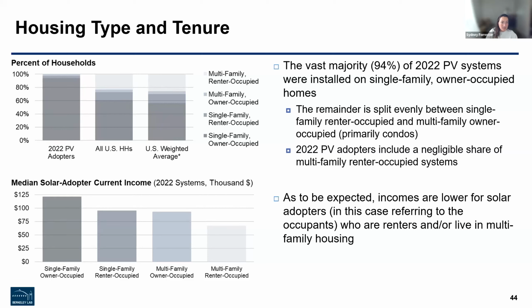And again, somewhat intuitively, you see that single family owner occupied households tend to have higher incomes. Single family renter occupied and multifamily owner occupied households tend to have quite similar incomes. And then multifamily renter occupied is quite a bit lower, although again, that is a very, very small share, less than a percentage point of our data set. Next slide.